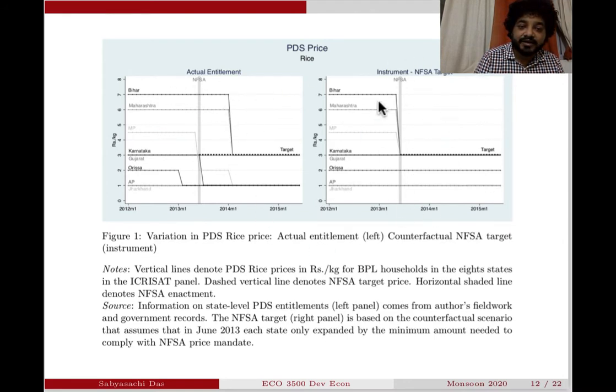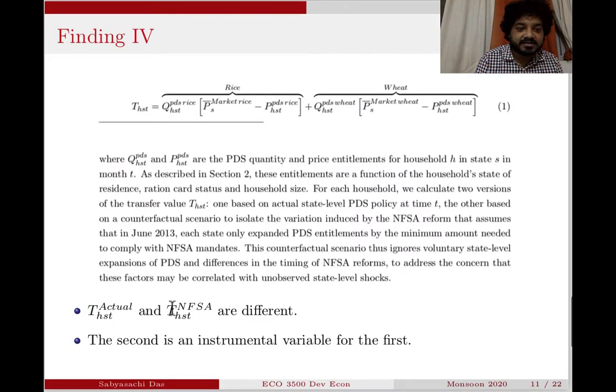This is the simulated prices for rice, and that would imply a different transfer value for every state, and that's the variable that they're going to use. So that's the simulated one. This they're going to use as an instrumental variable for this.